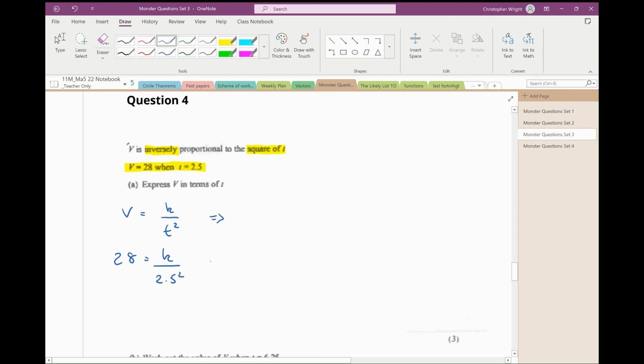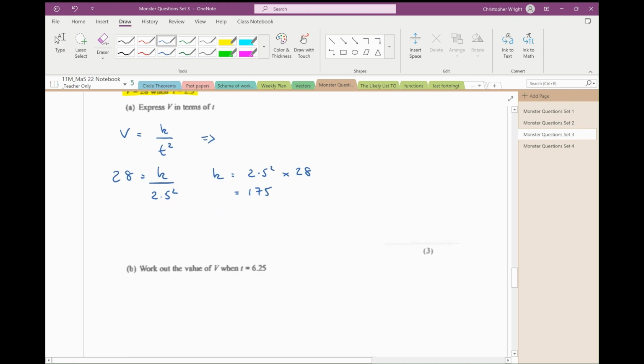So that would mean that k will equal 2.5 squared times 28, which gives me 175. So k is 175, which means that I can return to my formula, and instead of k over t squared, V is 175 over t squared. And there is V expressed in terms of t.